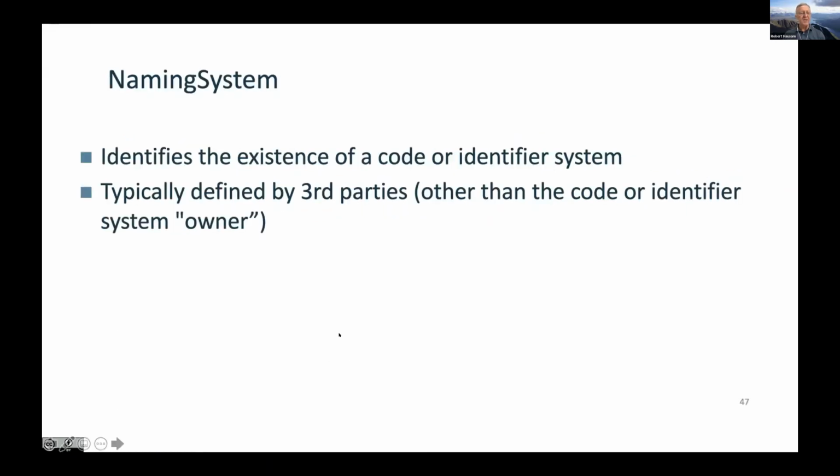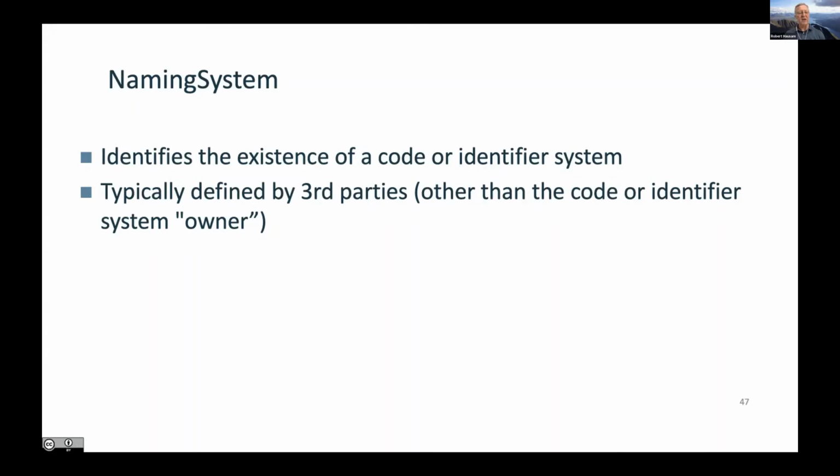NamingSystem is another resource, and it's basically there to identify the existence of either a code or an identifier system. This is getting to be used quite a bit in the terminology.hl7.org that's being developed. We call it THO, where you can have an HL7 one-stop place to get terminology. We're not going to really talk about that, but you can go find it.